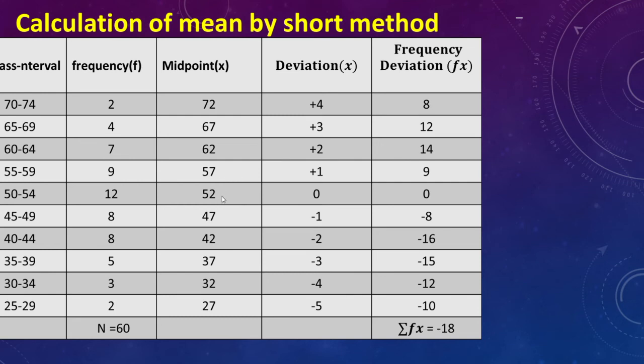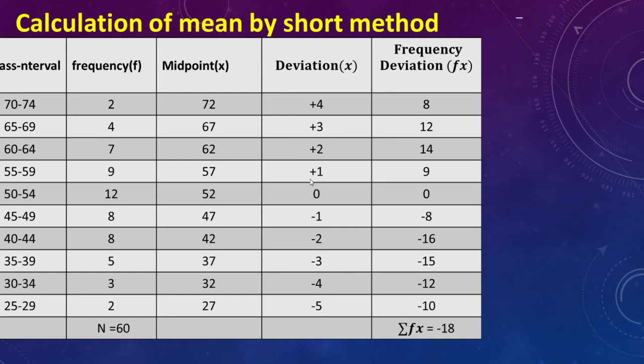After assuming the mean, we calculate the deviation x using the formula x = (x' - AM) / I, where I is the class interval. Solving each midpoint value in the formula, we get the values. Here we can see both plus values and minus values.